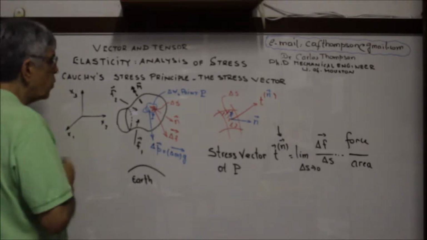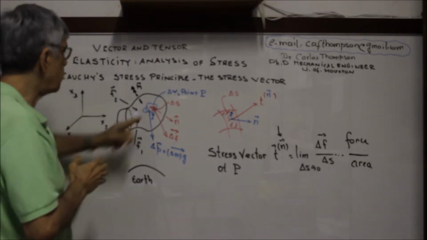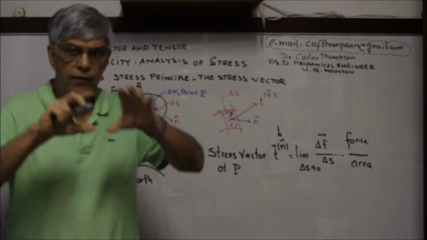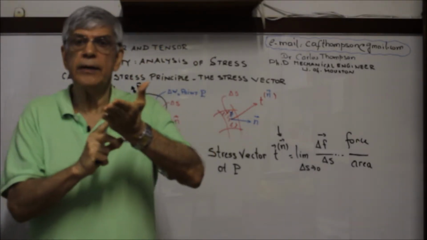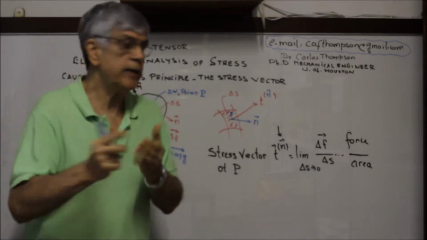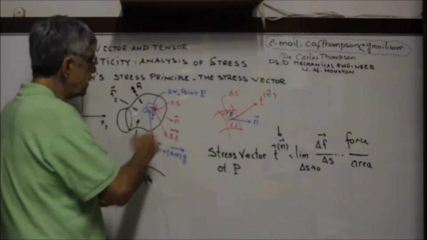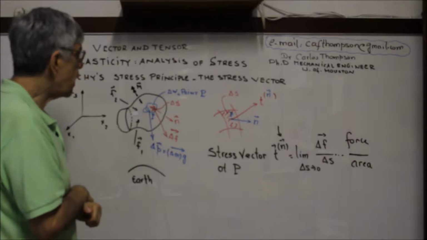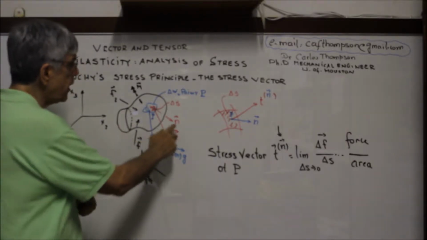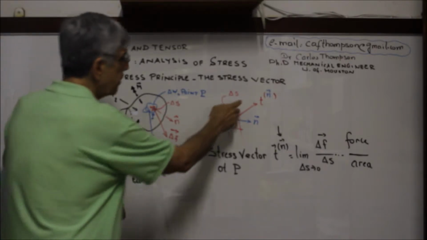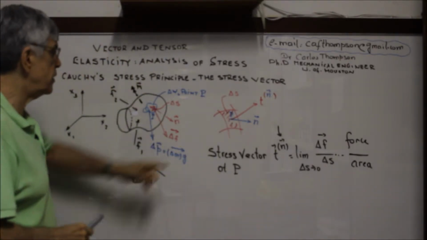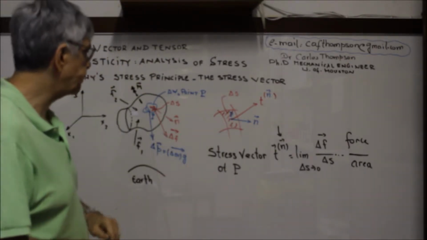Now, consider a surface delta S. You have a small body, you cut this body, and then you analyze this area delta S, in which n is a normal vector to this delta S, as shown in this picture.